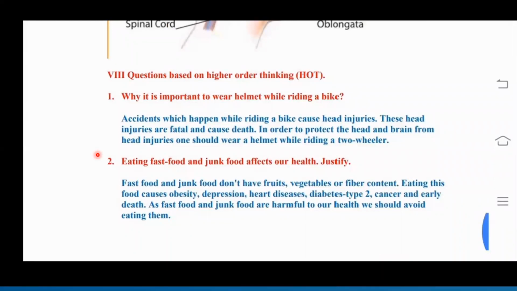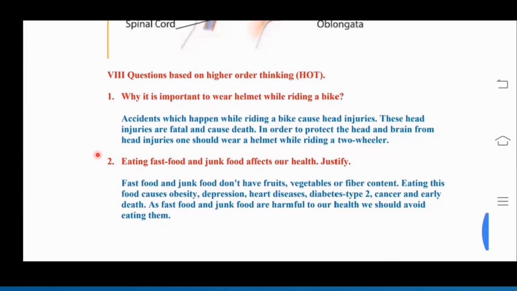Why is it important to wear a helmet while riding a bike? Accidents while riding a bike cause head injuries. These head injuries are fatal and cause death.